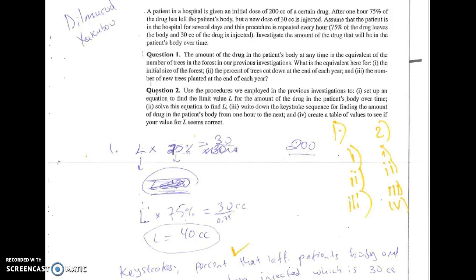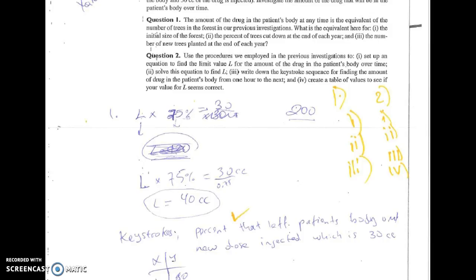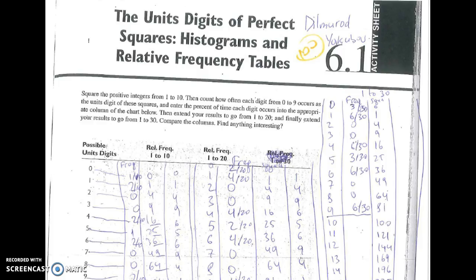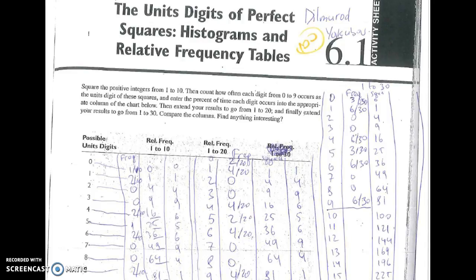So I had to divide 30 by 0.75, and we got 40 cc's. And the keystrokes in this exercise were the percent that left the patient's body and the new dose injected, which is 30 cc's. This is the exercise that I really like, and I got 100 on it, as you can see.